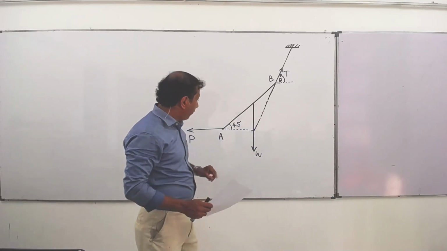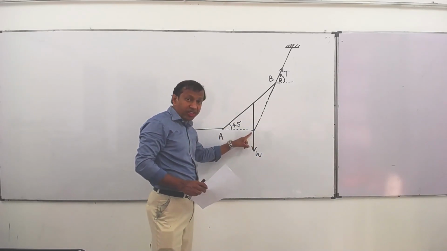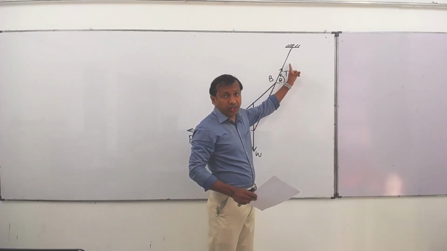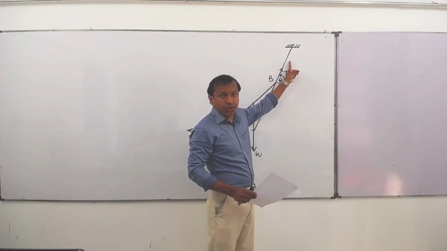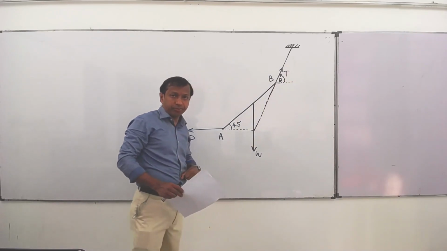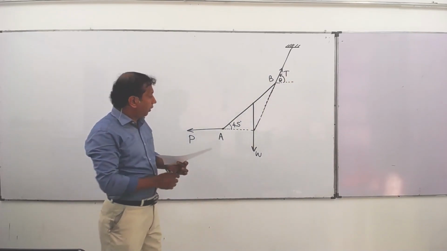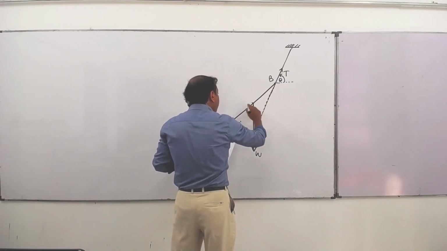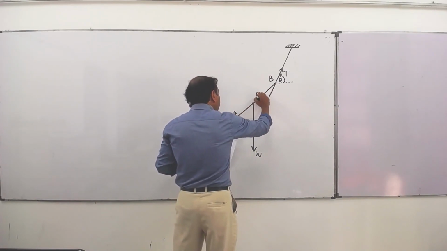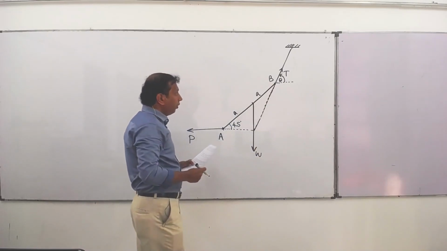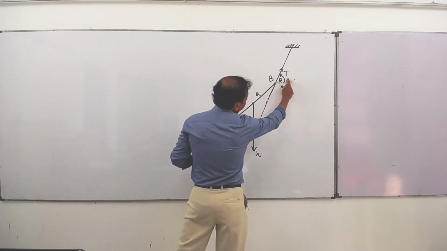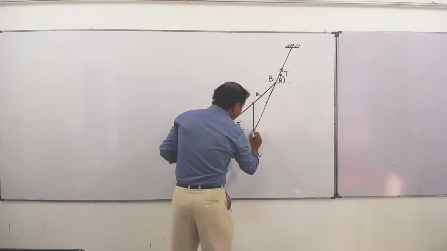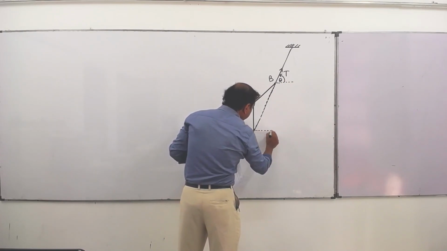So, if W and P meet here, definitely the line of action of the tension T in the string, produced, should pass through this point. Now, the length given as 2a of the rod is a uniform one. Therefore, this is A, this is A. If the string makes angle theta with the horizontal, when you produce this way, this is also theta.